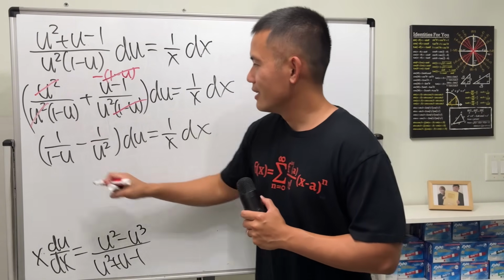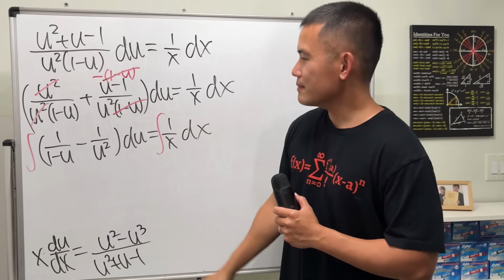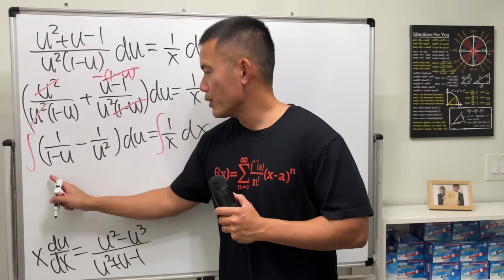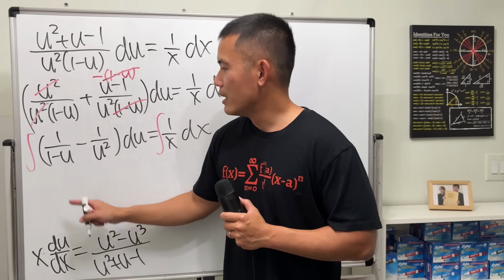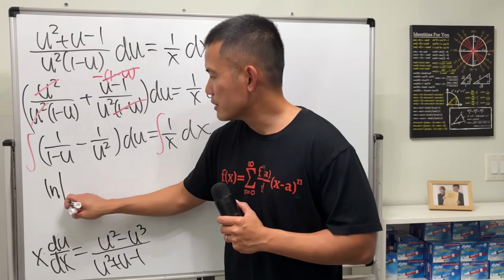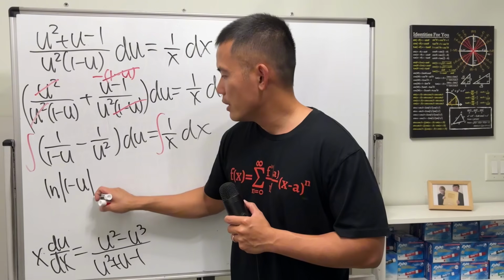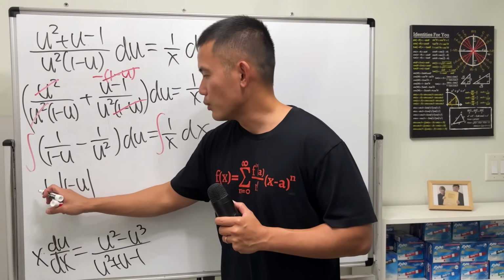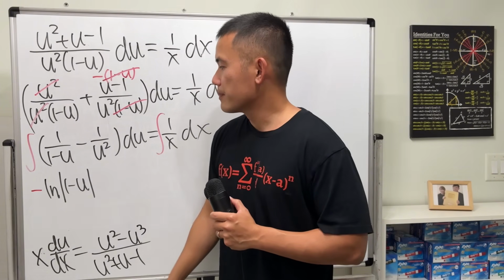Now we are ready to integrate both sides. Be careful, we have a linear term on the bottom, 1 minus u to the first power. We do get natural log absolute value of 1 minus u, but remember to divide it by the coefficient of u, which is negative 1. So that will make this negative.